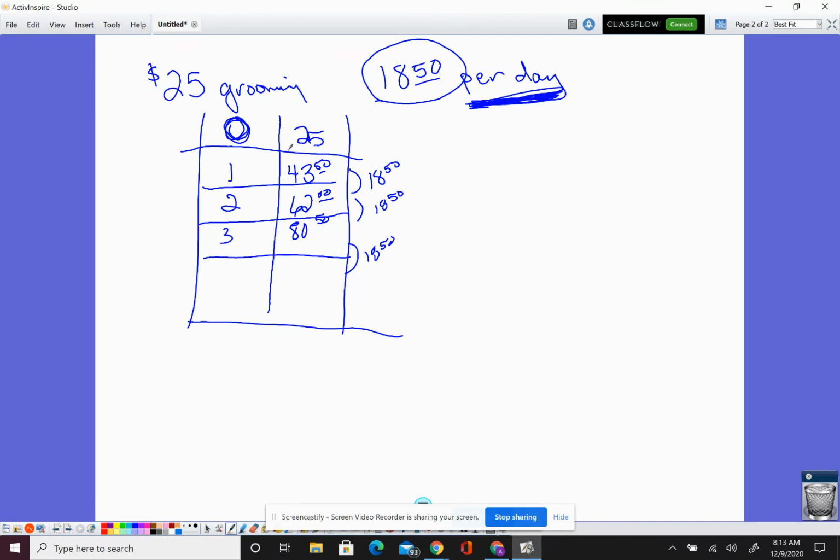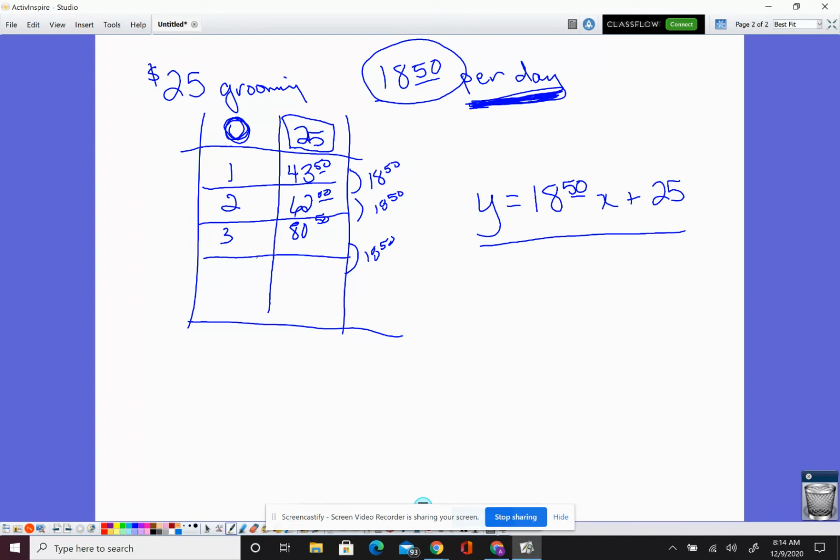So that 25 right here is going to represent the y-intercept. 18.50 is our slope. $25 is our y-intercept. That is going to be our equation for our representation of our relationship between the number of days that he stays and the cost for grooming plus staying.